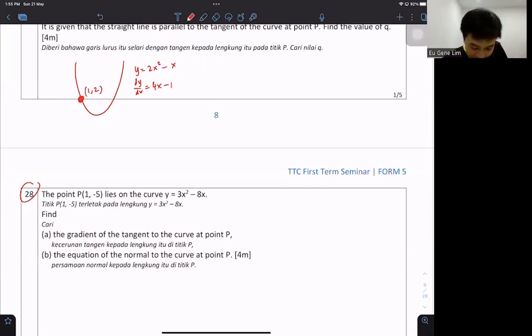Now you have a line. There is a line that passes through this point and only touches the curve at 1 point.